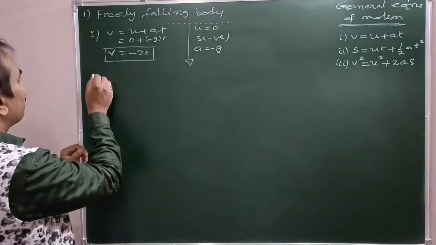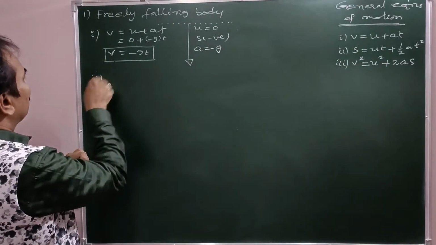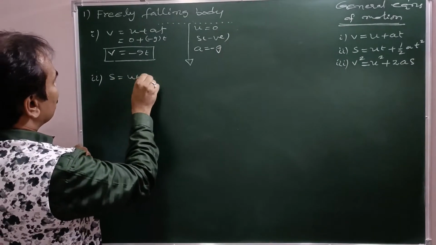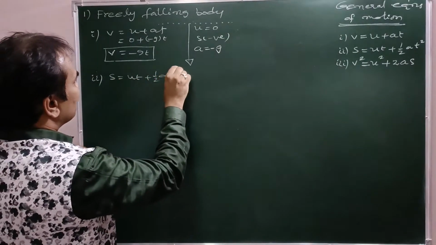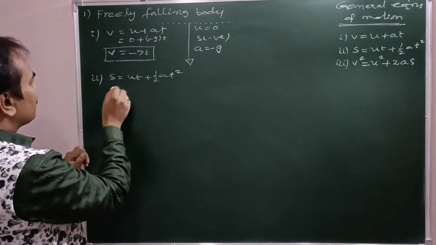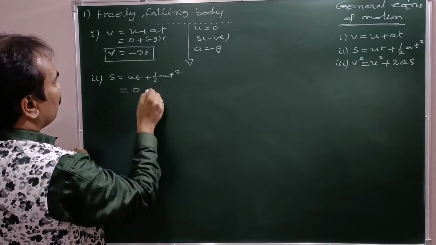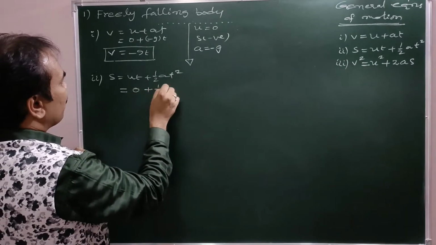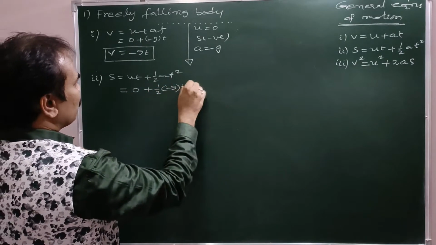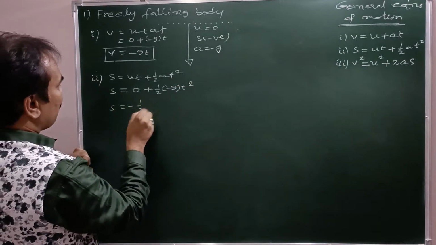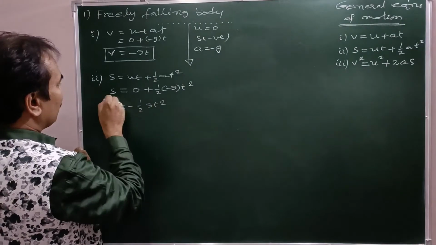Now coming to the second equation: s equal to ut plus half at square. Here u is 0, so 0 plus half into a, which is minus g, into t square. So s becomes minus half g t square.